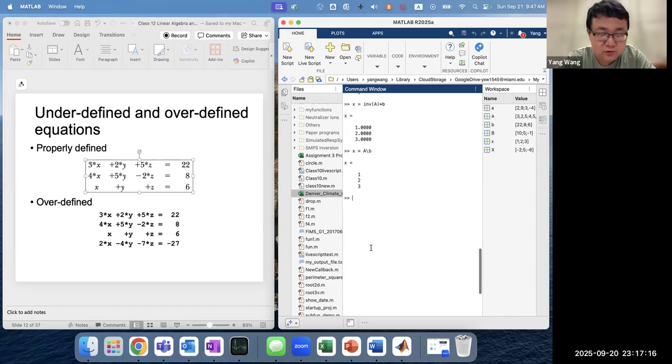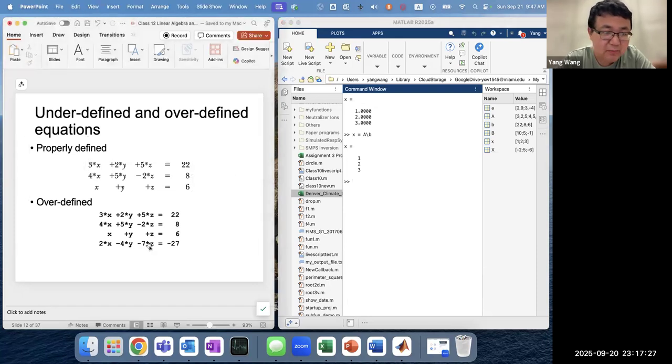So what do we mean by an overdefined equation? Now we know that there are 3 unknowns and 3 equations, so there is a finite solution. But what if we add one more equation into this system? Right now, this one more equation does not conflict with these 3 here.